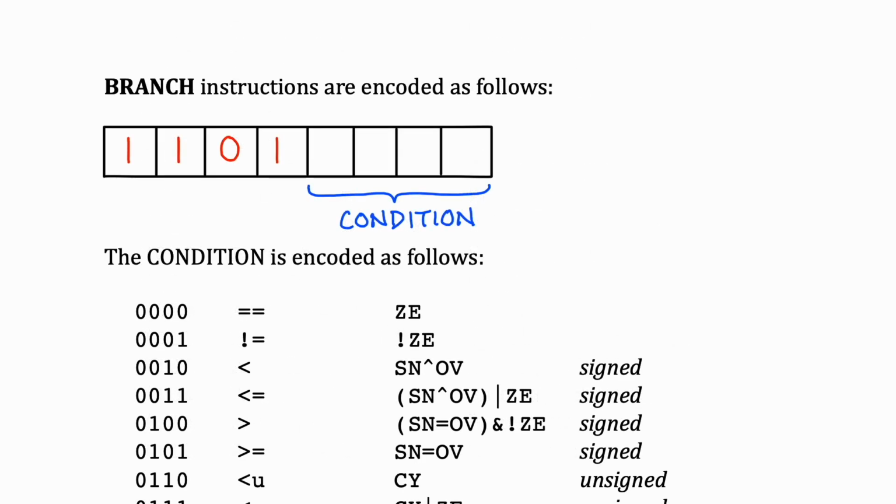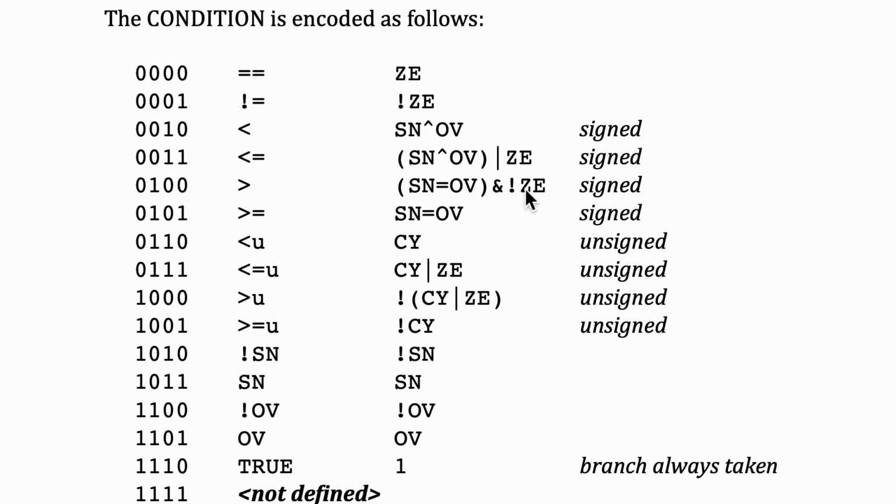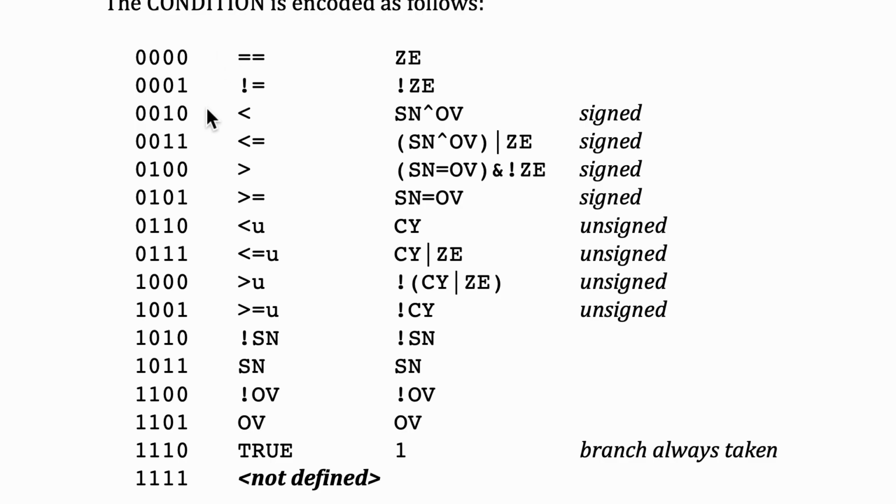Before looking at our example program, let's look at the conditional branch instruction, which is encoded like this. The opcode is followed by 2 additional bytes, which give the target instruction that we jump to if the condition is true. So there's a 4-bit condition code field, and that indicates which condition we are going to test for.